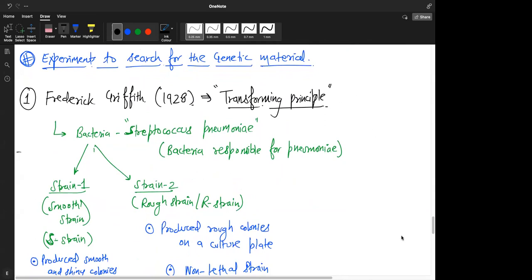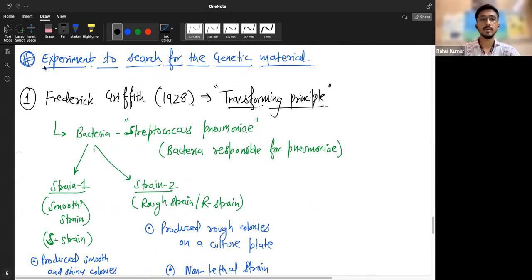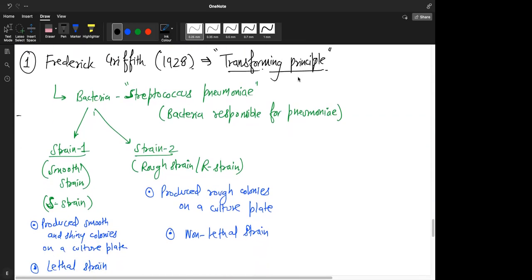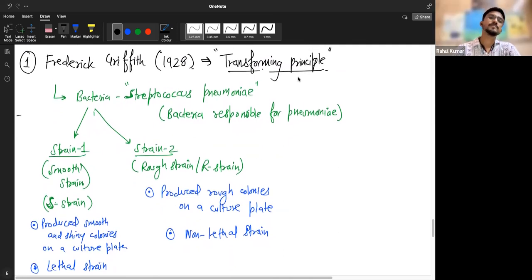Yes, sir. So take us through the first experiment that we discussed, experiments to search for the genetic material, the Griffith's transforming principle. What was that? So he used bacteria to do the experiment, Streptococcus pneumoniae.